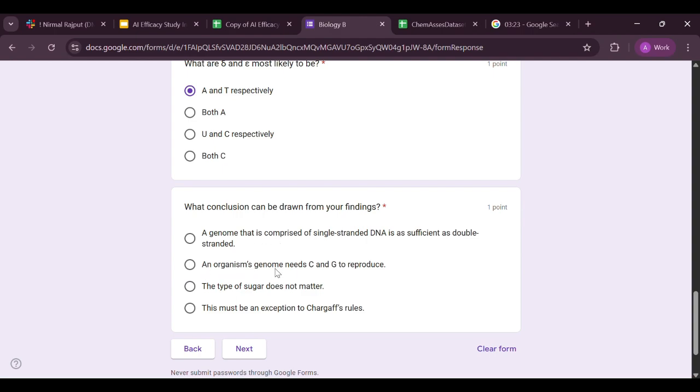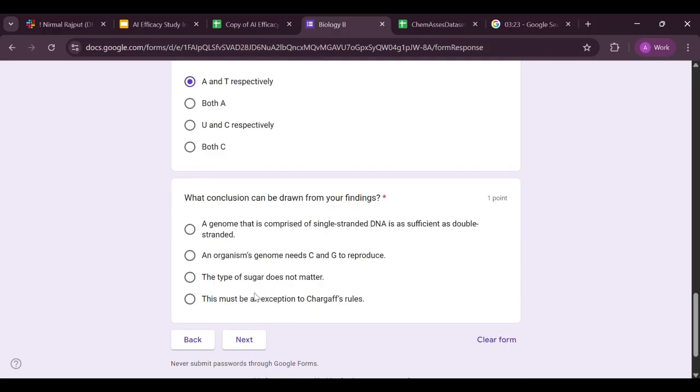An organism's genome needs C and G to reproduce. The type of sugar doesn't matter. Actually, it matters in characterizing whether it is DNA or RNA. This must be an exception to Chargaff's rule. Actually, I don't know about Chargaff's rule either, so I'm going with option B here, which is an organism's genome needs C and G to reproduce.